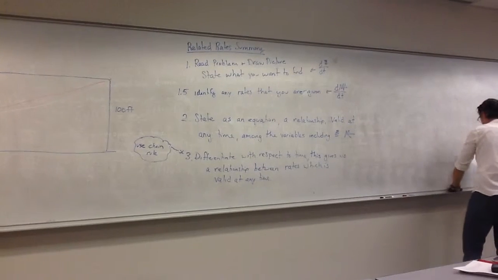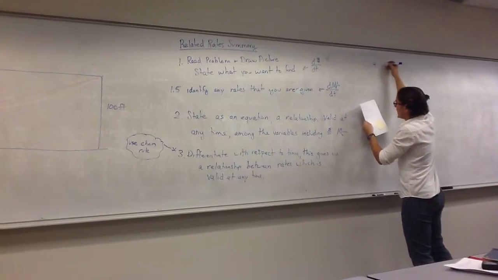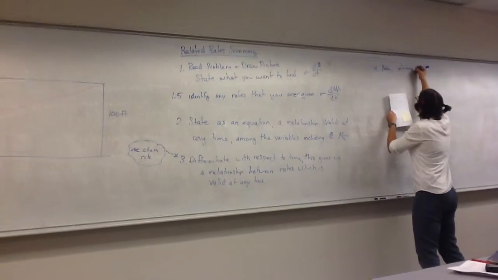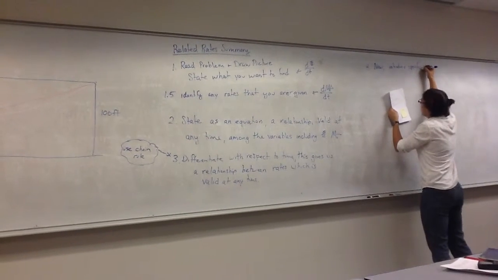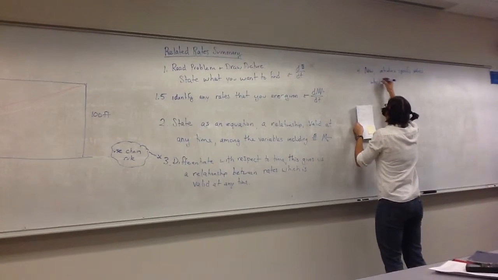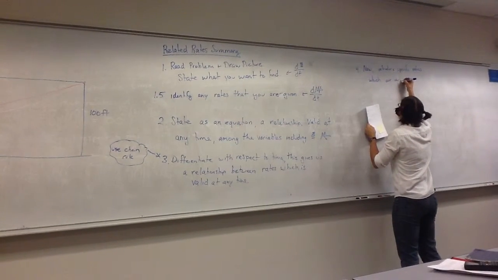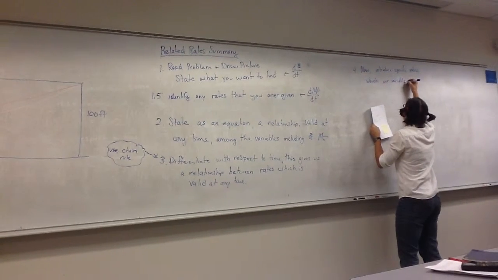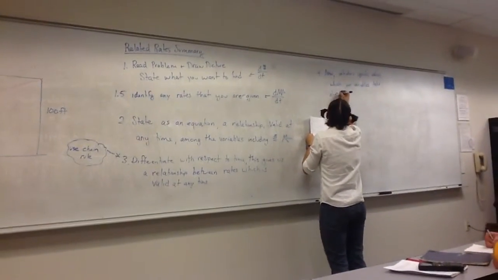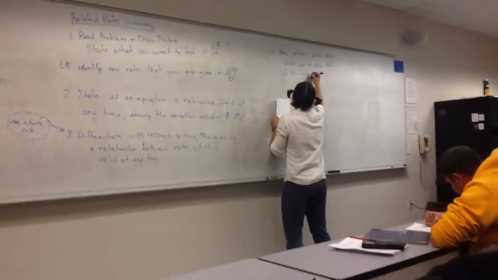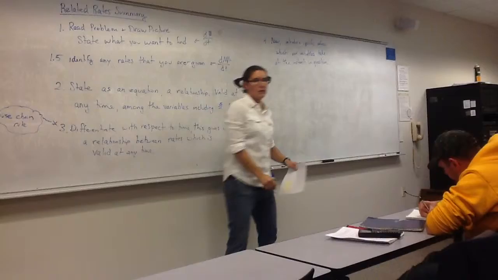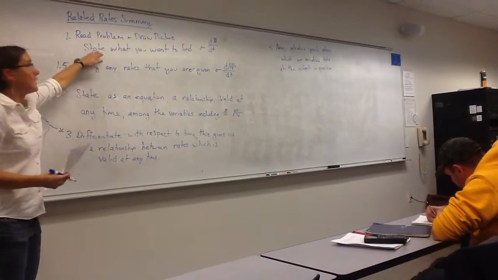All right, and the last step, once we've come up with that relationship, we've differentiated both sides, then in step 4, now introduce any specific values which our variables take at the instant in question, and then we can solve for what we're trying to find.